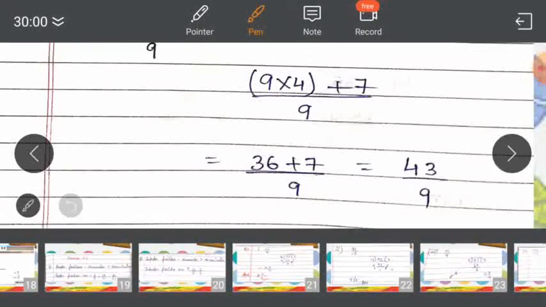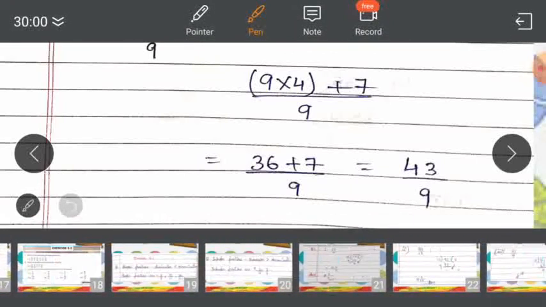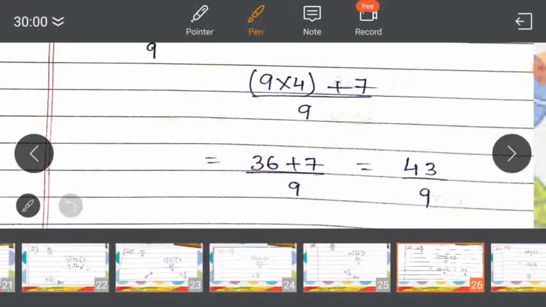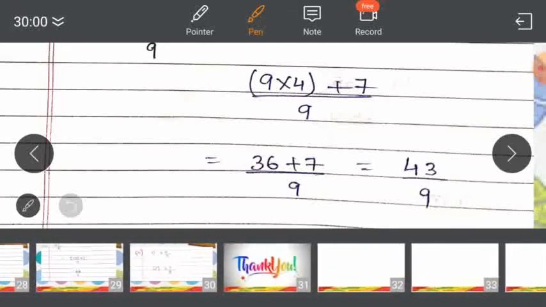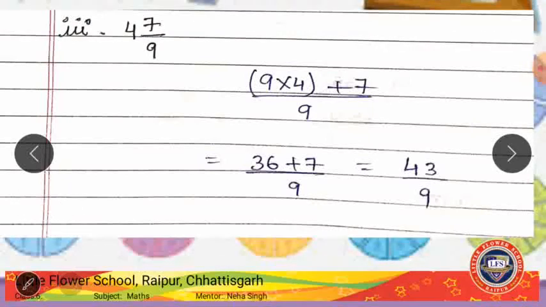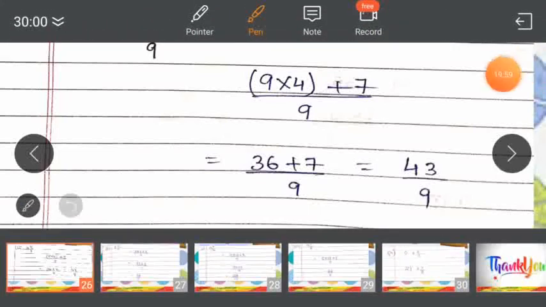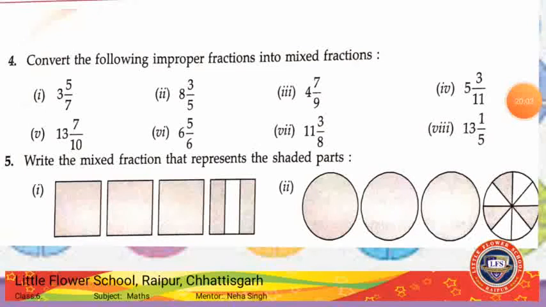Coming to the next, fourth question. See what is the fourth question we have. Convert the following improper fractions into mixed fractions. Till now you were converting mixed into improper, right?